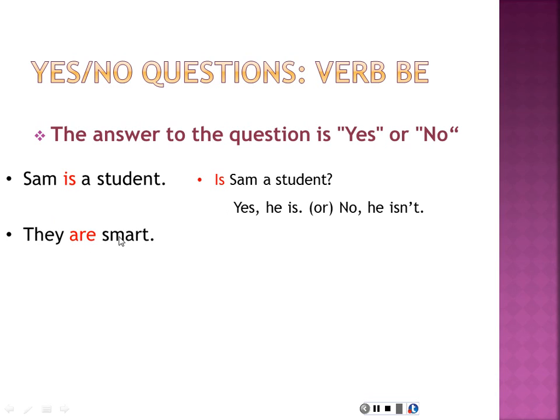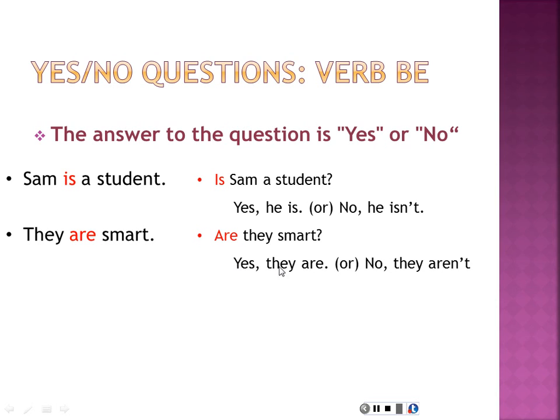So when we want to change it into a question, as we said before, we switch the places of those two words. We switch the verb with the subject. So are becomes the first word. Are they smart? هل هم أذكياء؟ So the answer is yes, they are, and we used here are because of they. We said with they we use are.